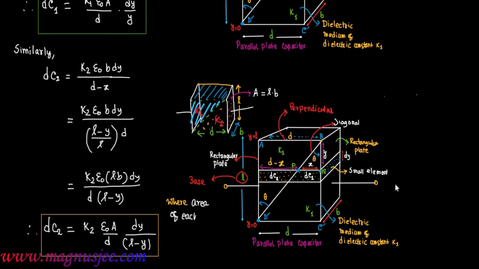where area of cross section of each plate A is equal to L dot b.